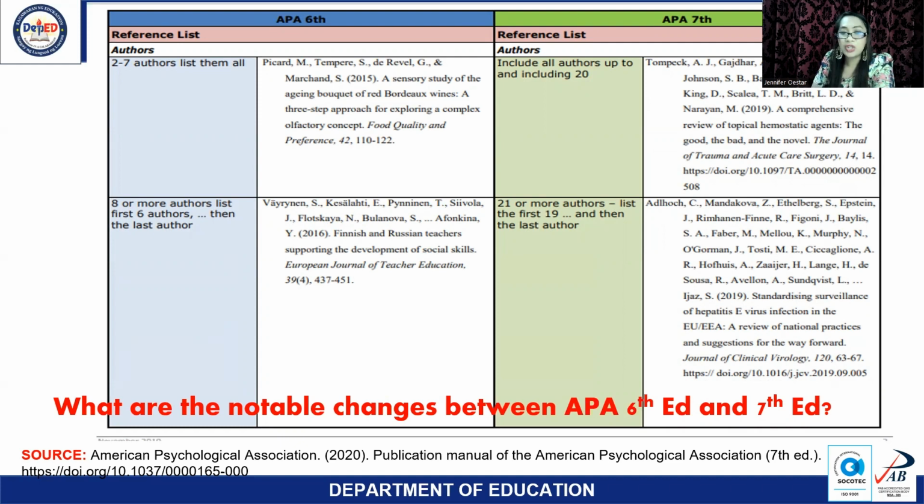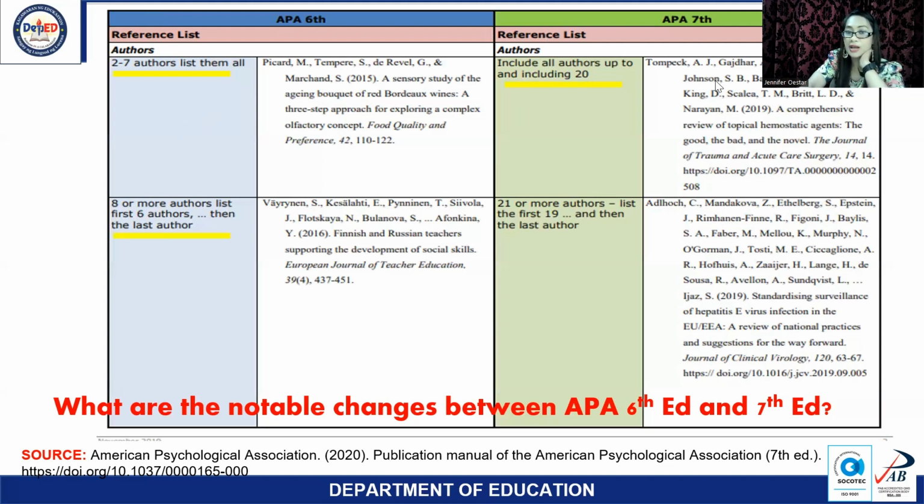But in the seventh edition, include all authors up to and including 20. How was it possible? In the sixth edition, we are only giving 2 to 7 authors in the listing, but here, up to 20.